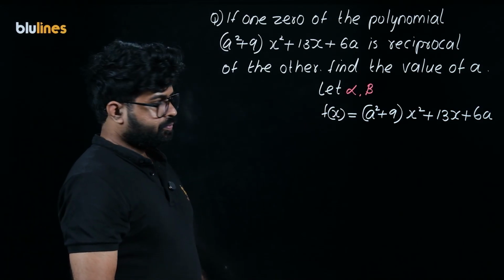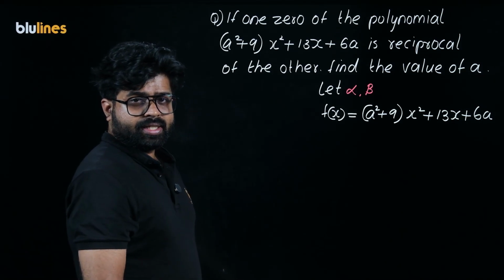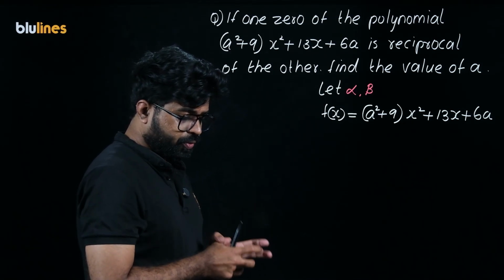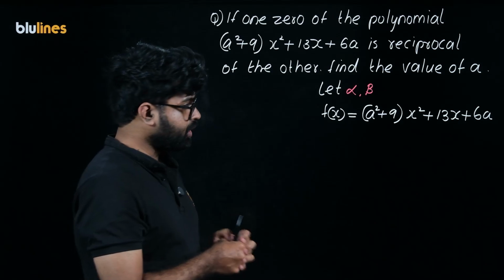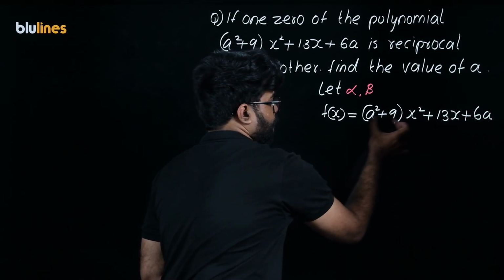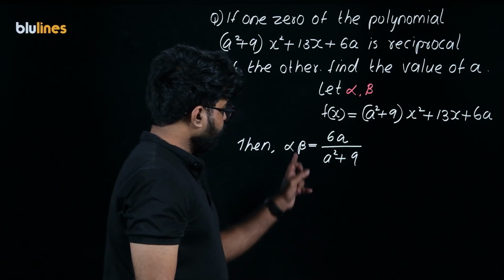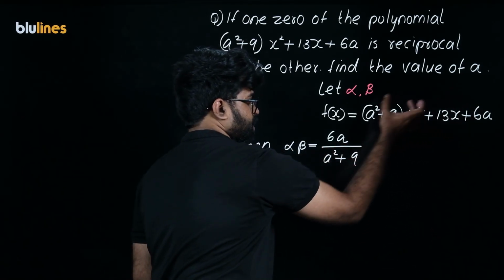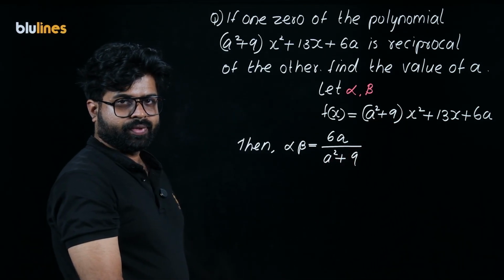The product of the roots alpha beta is equal to 6a upon a squared plus 9. The 6a is our constant term and a squared plus 9 is our coefficient of x squared.